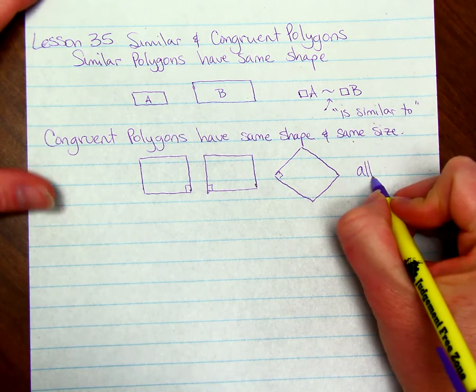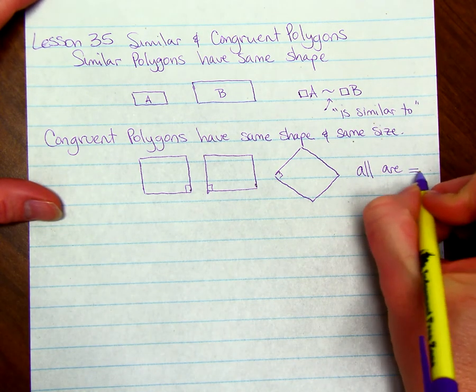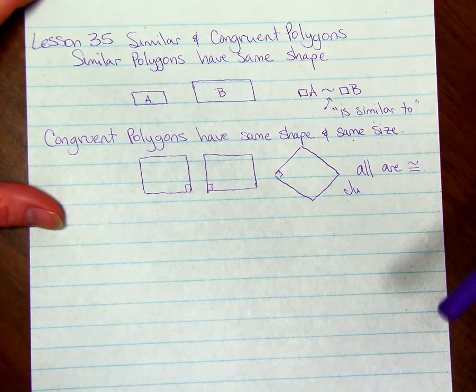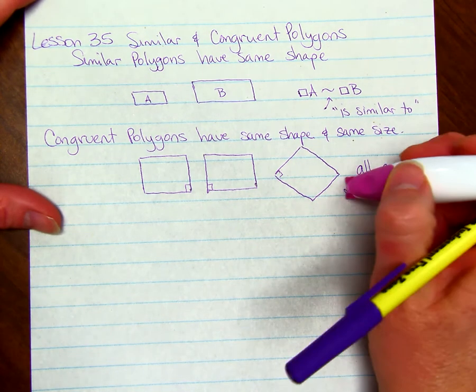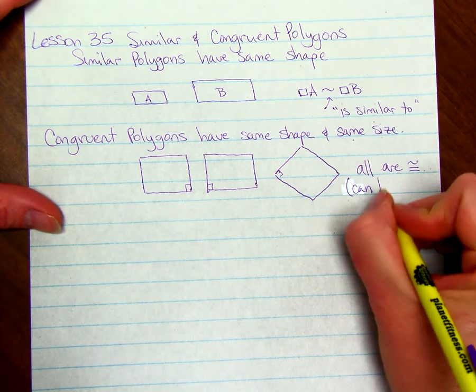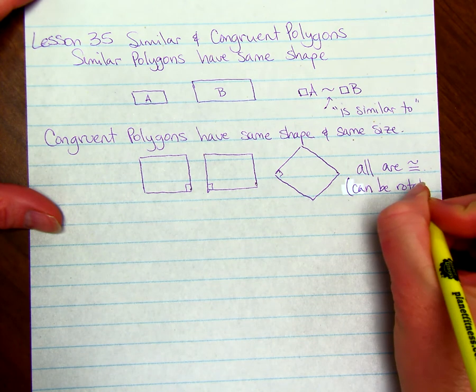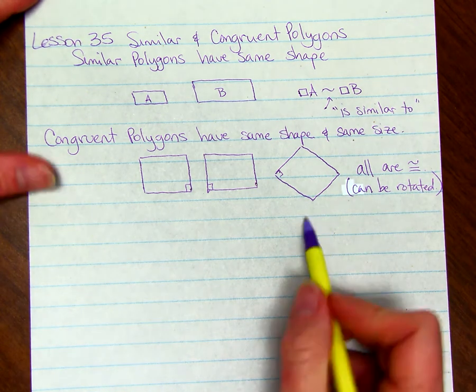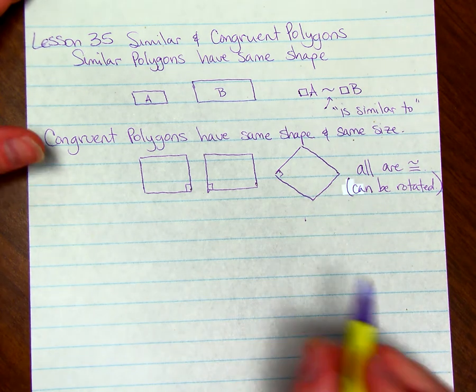So all are congruent, and it can be rotated. So in parentheses here, just put can be rotated. As long as it has the same side lengths, same angles, polygons can be congruent if they're exactly the same.